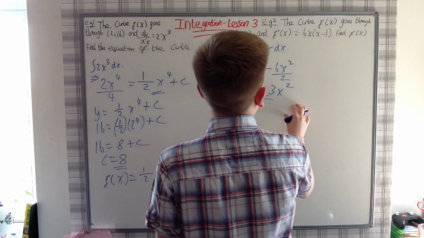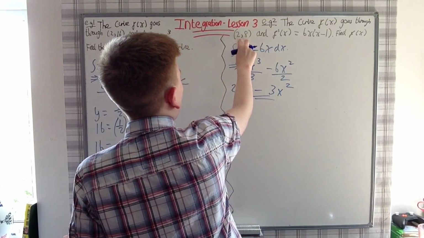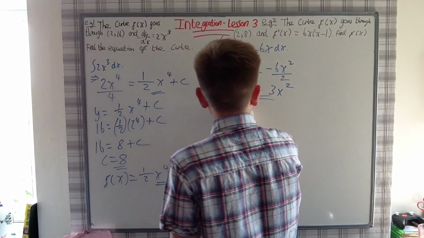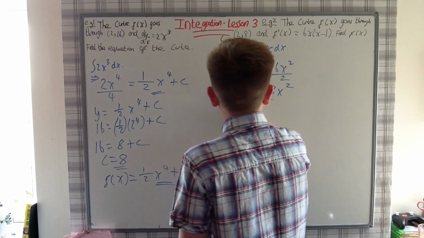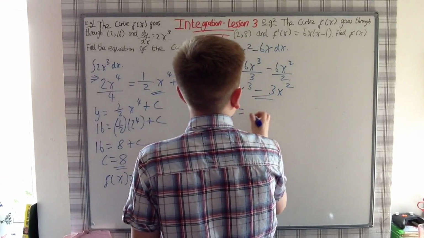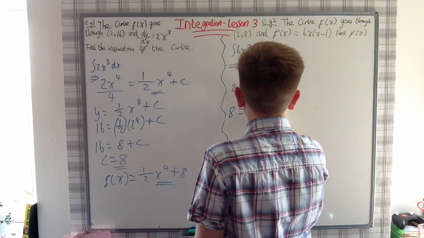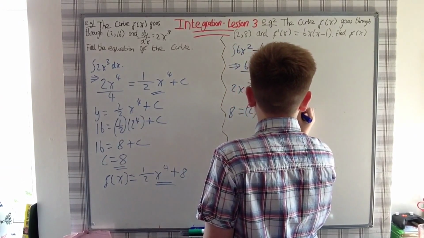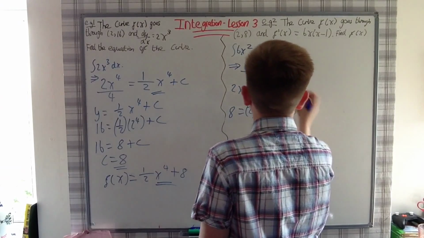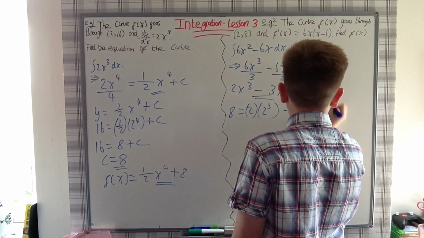So the next thing to do is to input our values of x and y into this. So, 8 equals 2 multiplied by 2 cubed minus 3 multiplied by 2 squared.